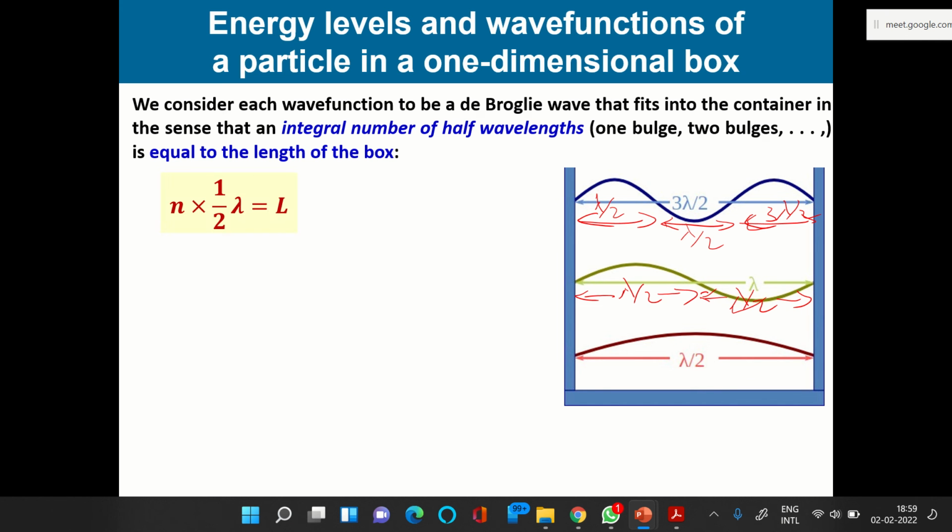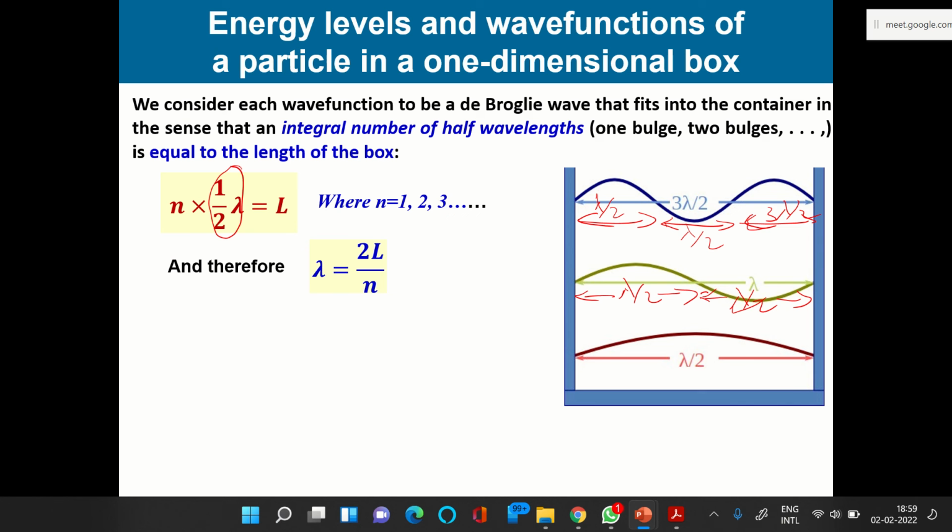So a simple thing that we can see, that to fit the wave profiles within the box, they must be an integer multiple of half waves, and that should be equal to the length of the box, capital L, where n can be 1, 2, 3, and therefore lambda is 2L by n.